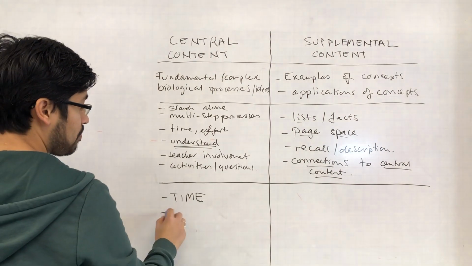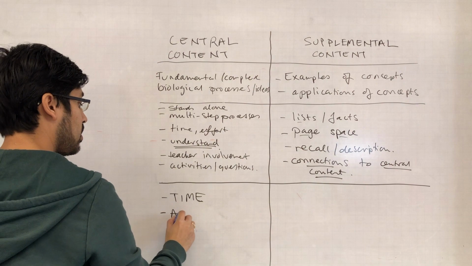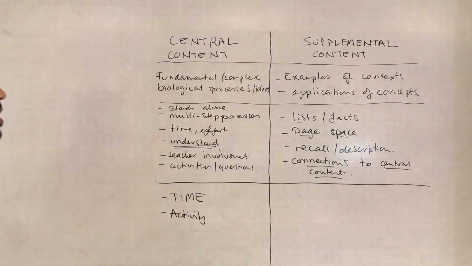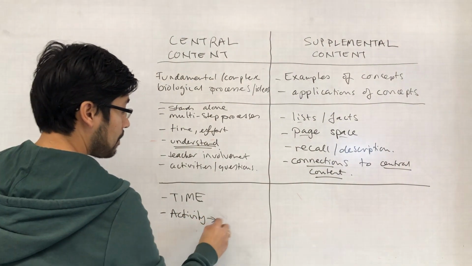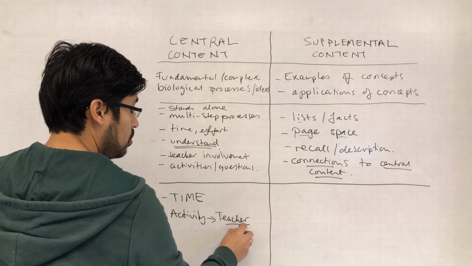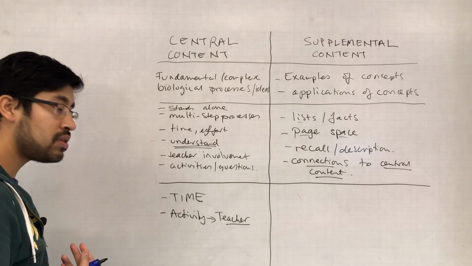Now, you've got time, but then also what kind of activity is it that you need to do to understand central content? The primary one is obviously you should expect your teacher to go through this properly with you.